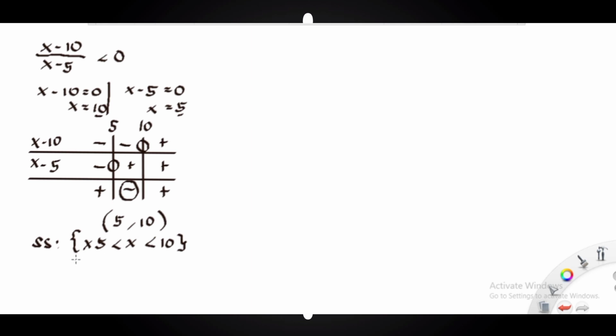So, kung iisa-isahin natin, since finite numbers naman, yung ating solutions, hindi kasama ang 5 and 10. So, we have 6, 7, 8, and 9. Okay, so these are the solutions of our rational inequality.